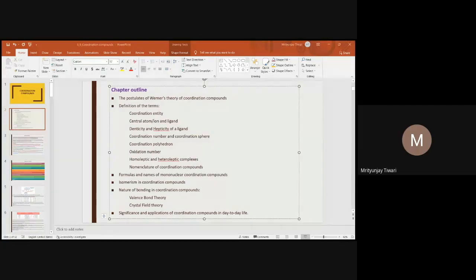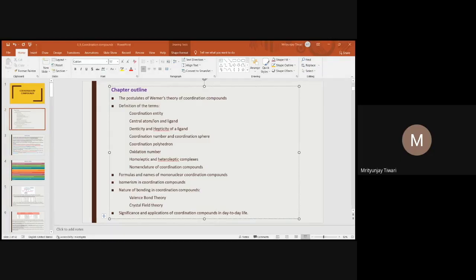Werner further postulated that octahedral, tetrahedral, and square planar geometrical shapes are more common in coordination compounds of transition metals. For example, this hexaamminecobalt complex with 3 Cl− ions is octahedral, this is also octahedral, and this is also octahedral. All the complexes are octahedral entities. While Ni(CO)4 is tetrahedral in shape.